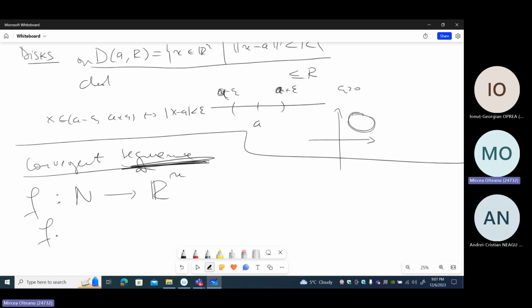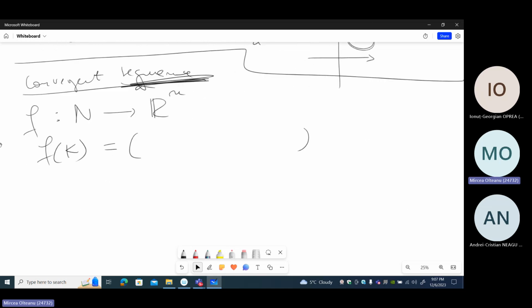So if you apply f to some k, we shall obtain a sequence of real numbers. We need to write with 2 indexes, one for k and one for the position. Let's say x1k, x2k, and so on, xnk. Every xkj is a sequence of real numbers.